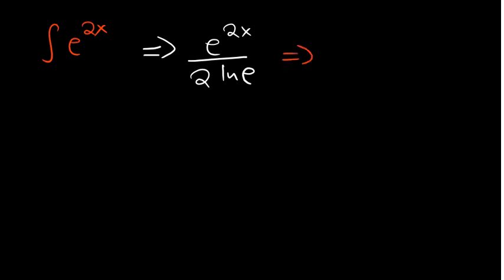Natural log of base e is just 1, so you're going to have e to the power 2x over 2. Do we just end there? We have to put plus c, because we don't know if the original one had a constant. So this is what we are calling indefinite integrals. You may have others as well.